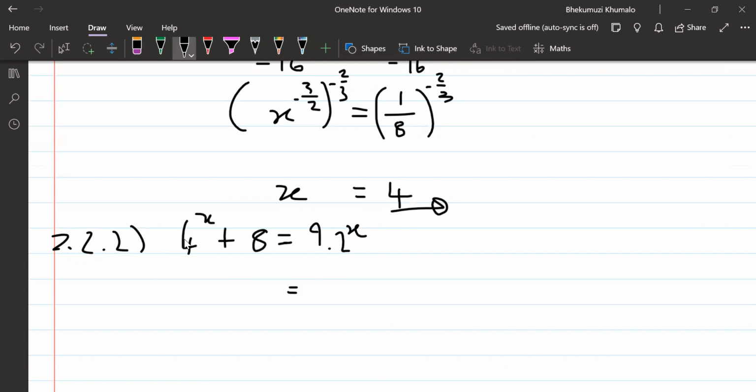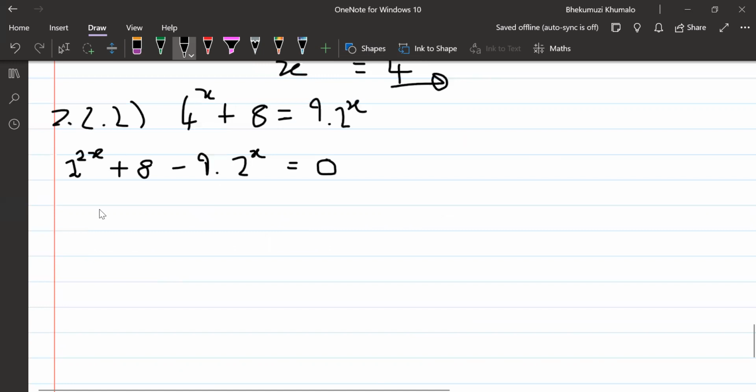In this case, it's actually a quadratic in a way, but an exponential quadratic. 4 is actually 2 to the power 2, so you could write this as 2 to the power 2x plus 8. Now you take 9 times 2 to the power x onto the other side, so you'd have it like this, all equal to 0. Then it's 2 to the power 2x minus 9 times 2 to the power x plus 8.